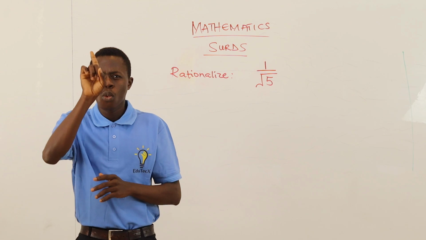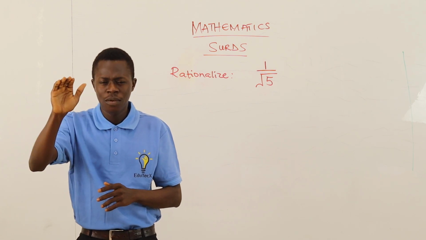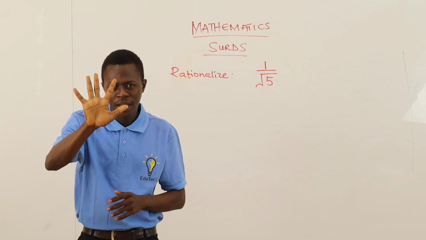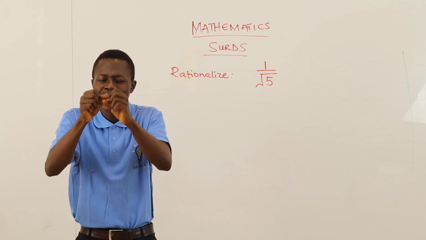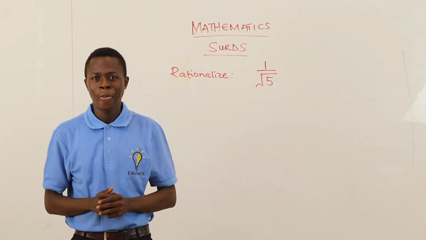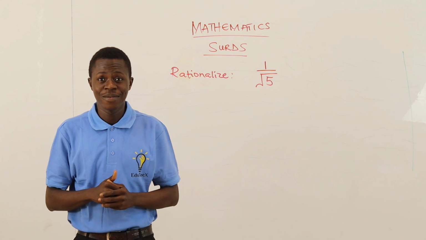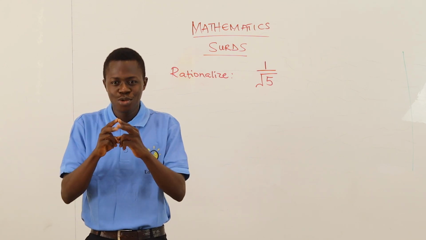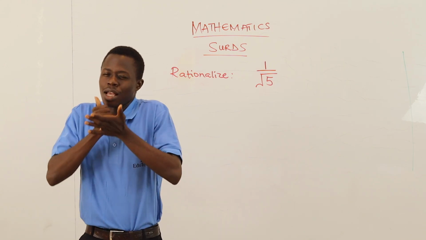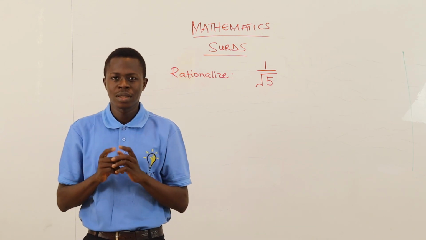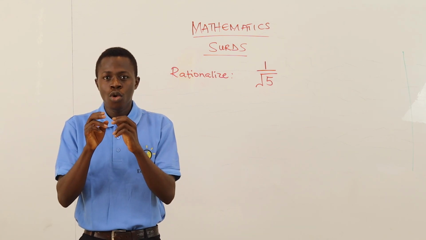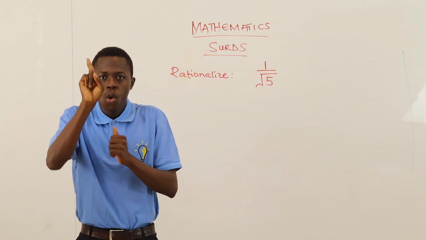Now, let me ask you a question. How would you simplify an expression of the form 1 divided by square root of 5? So in today's class, we are going to learn more about how to simplify such expressions.